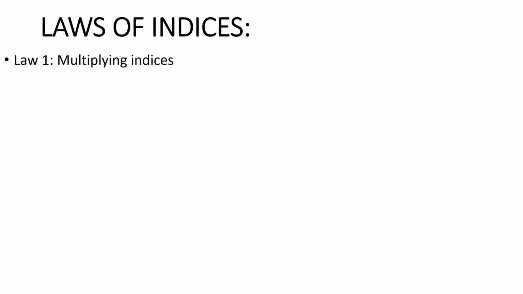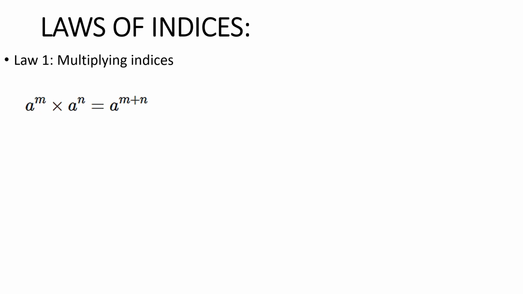Now how can you multiply indices? This is a formula. It says a to the power m multiplied by a to the power n. So if you have any two numbers in this form, in a simple way, how can you multiply them?